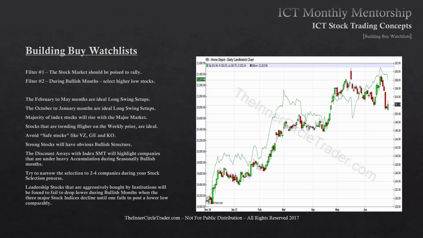Then ultimately, that large up day in January was creating a liquidity void, and it traded down into it in February, closing that range, fair value gap, discount array, and then you can see obviously the price movement between the February anticipated bullishness beginning and to May, creating a very nice movement higher.